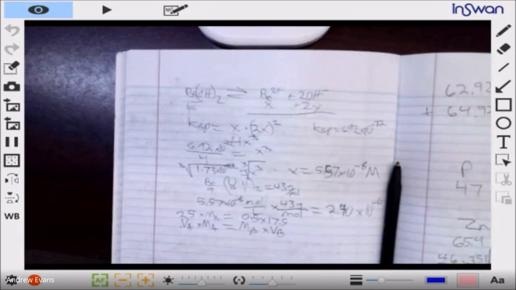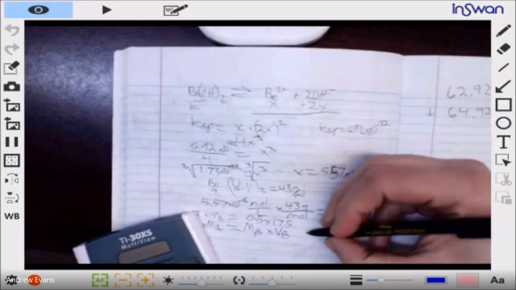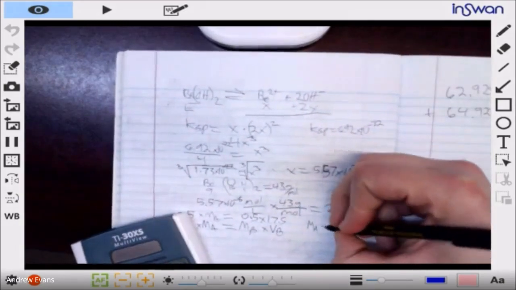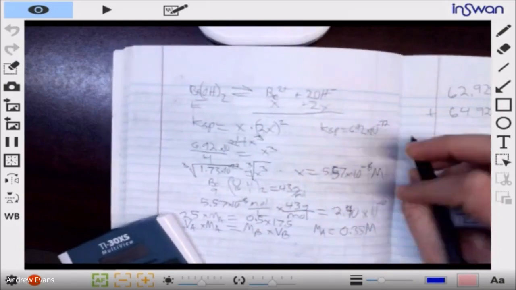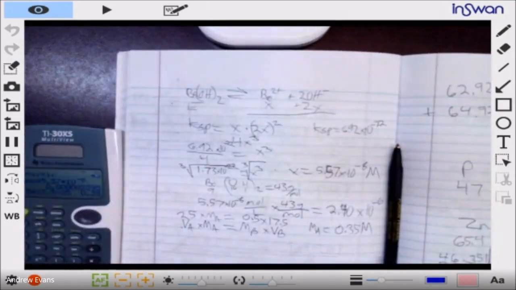So 0.5 times 17.5 divided by 25 would give you the molarity of your acid: 0.35 molar. Easy as pie. No negative logs, no complex relationship, no ICE tables, just plugging that in and solving.